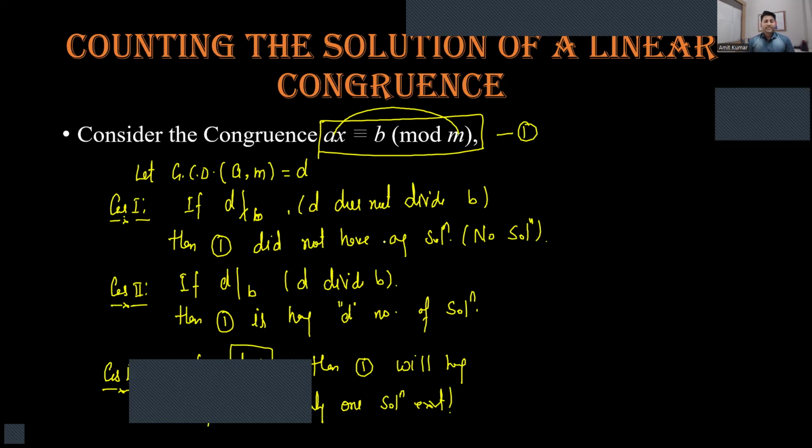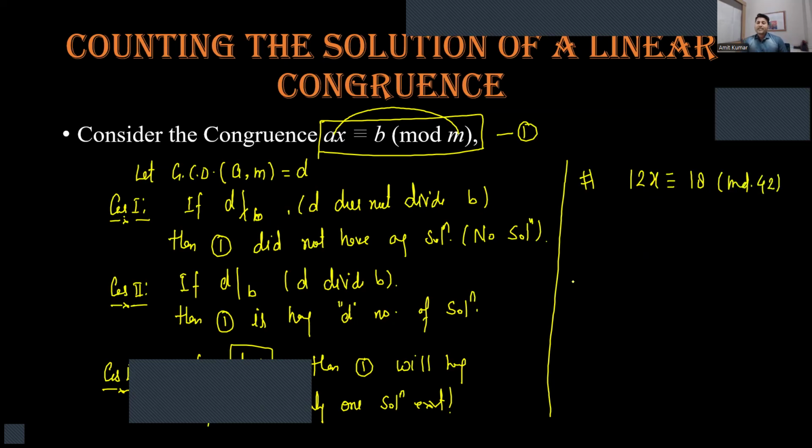So this is the concept. By using it, we can come to know how many solutions a linear congruence has, and whether the solution exists or not. Let us take one example, which I took as the last example of the last class: 12x is congruent to 18 mod 42.